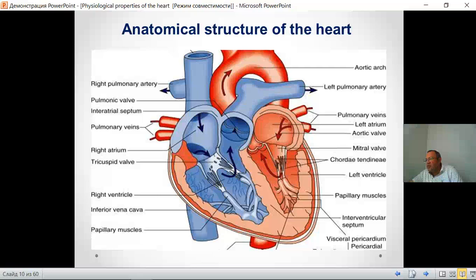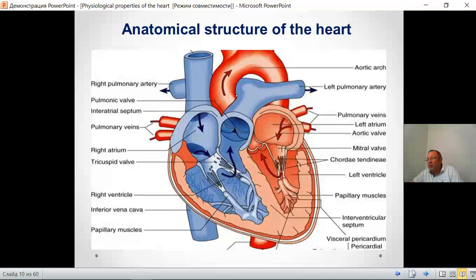The two major systemic veins, the superior and inferior vena cava, and the large coronary vein called the coronary sinus, which drains the heart myocardium, empty into the right atrium.